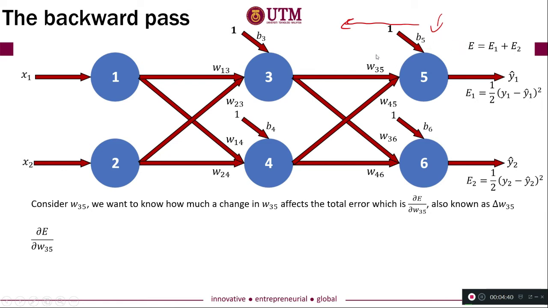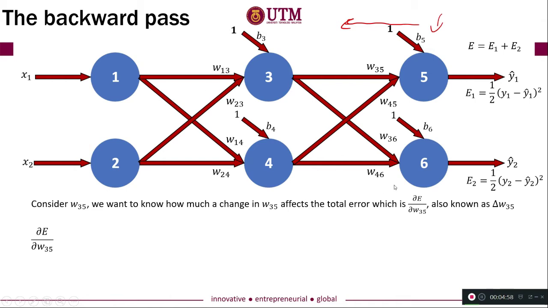Of course it's not just this W. You will need to find all of them: del E del W35, del E del W45, del E del B5, and so on, for each and every W and B over here.